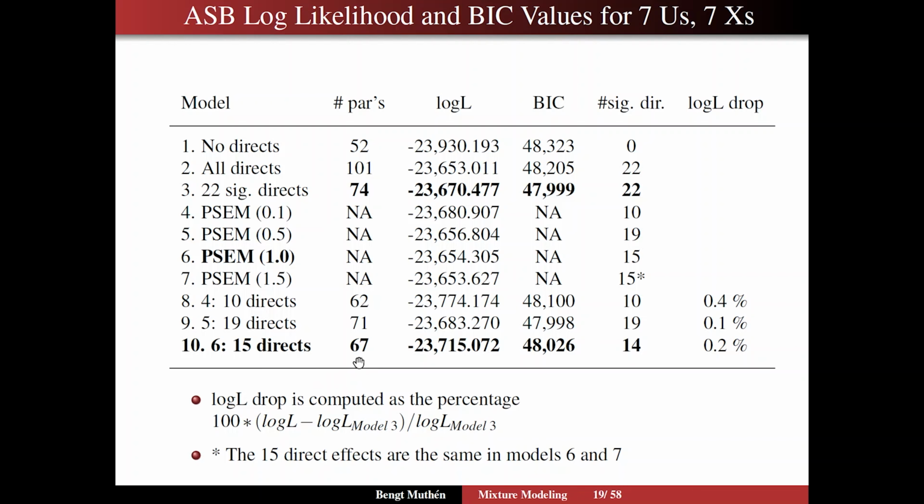We see the log likelihood, and we see the BIC values here, where the BIC seems to be the lowest of them all for the 19 direct effects, but the 15 direct effects model comes very close. And in both cases, 19 and 15 direct effects, actually 14 of them only are significant here, you have a very small log likelihood drop as defined by this percentage here.